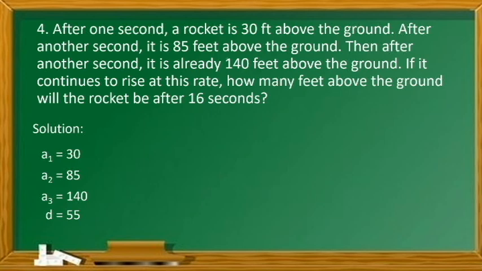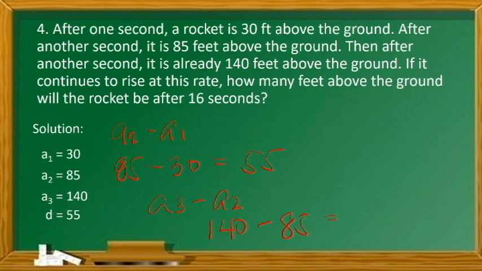Since d is 55, the solution in finding d is a sub 2 minus a sub 1. We know that a sub 2 is 85, subtract by 30, then we know that 85 minus 30 is 55. Same with a sub 3 minus a sub 2, then we have 140 minus 85.